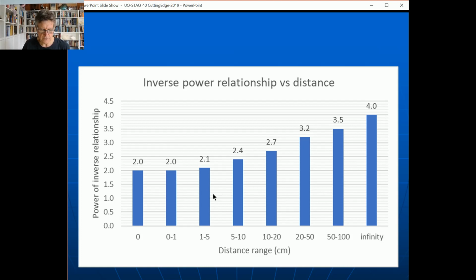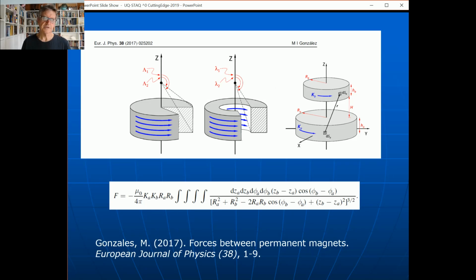Okay, I'll just show you, this is the physics paper, part of it I was telling you about, from the European Journal of Physics. Now, they've done these quadruple integrations here, but basically they're using different size magnets, and they're looking at the R distance from all aspects of the magnet, not just the perpendicular one, but all aspects of it.